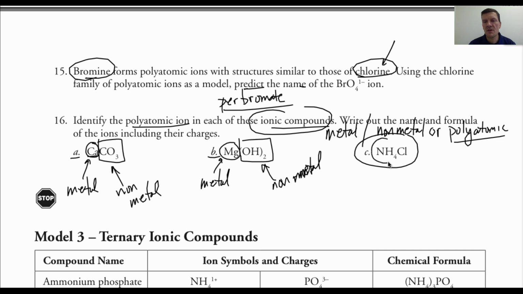So this first part here is our cation. The second part is going to be your anion. So we have to begin to recognize those polyatomic ions. We have to recognize that it's not just N, it's not just H, it is an NH4 polyatomic ion bonded with the Cl chloride ion. Okay?